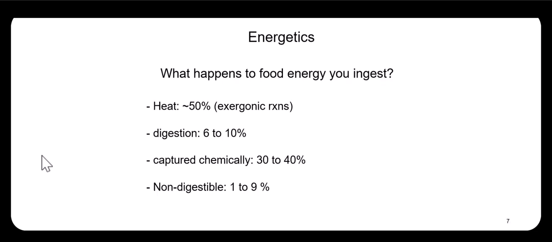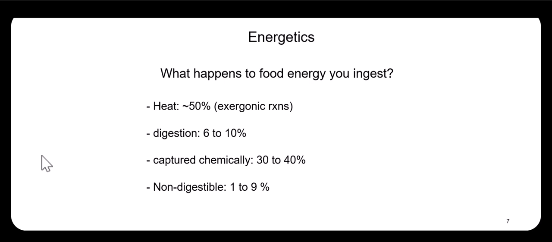So the food we ingest goes a number of different places. Some of it goes just to heat, and we'll talk about how we generate heat rather than ATP. Some of it goes to digestion. There's a cost of doing business to everything from chewing your food to moving it through your digestive tract to making the enzymes, making saliva, doing your absorption.